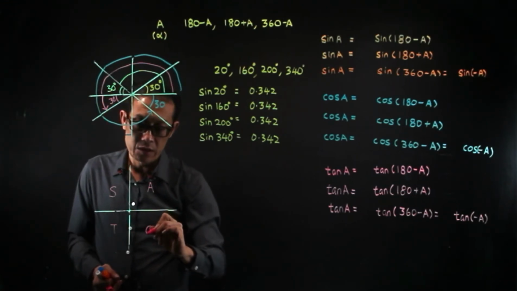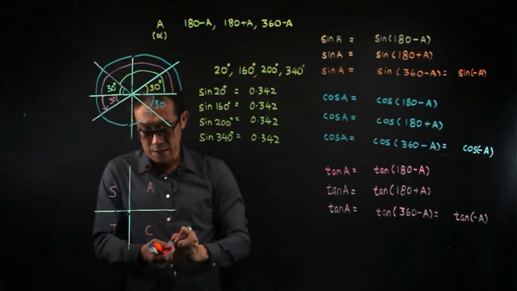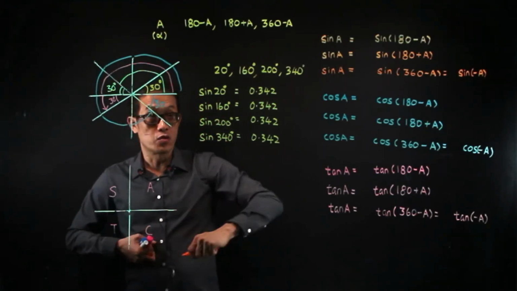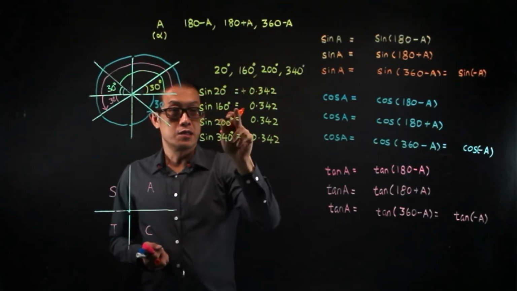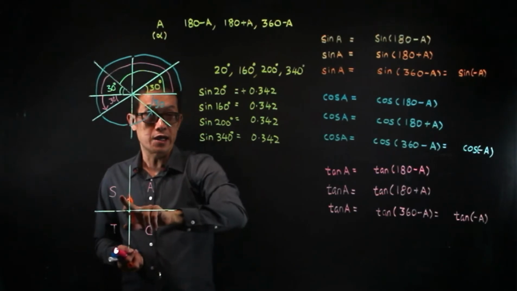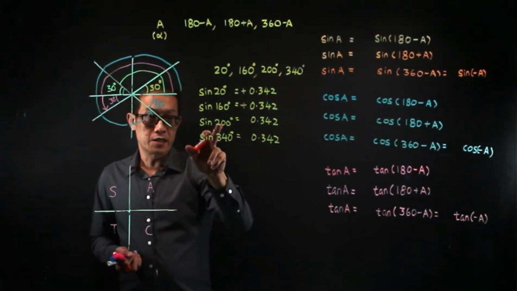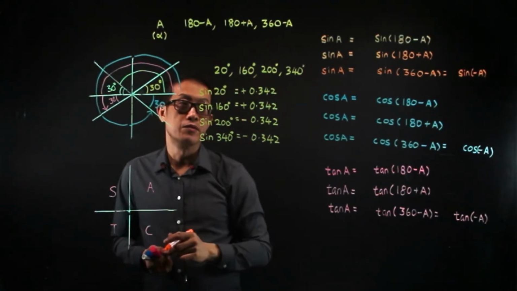Last quadrant, cosine is positive. So you look at this. Sine 20 is in the first quadrant, so this is positive. This is in the second quadrant, so sine in the second quadrant is positive. Sine in the third quadrant is negative. Sine in the fourth quadrant is negative.